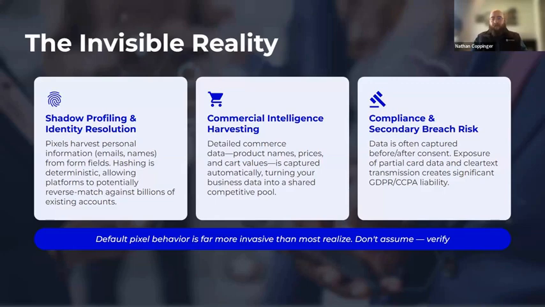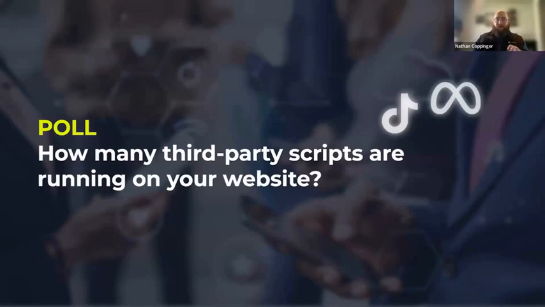Thanks, Gareth. I'm looking forward to diving deeper into each of these points. But before we do, we have a quick poll for everyone. We want to ask how many third-party scripts you have on your website. And this isn't necessarily just Meta and TikTok. It can be any analytics tool like other ad tracking pixels, payment providers, AI chatbots and assistants, et cetera, that you have embedded on your website.